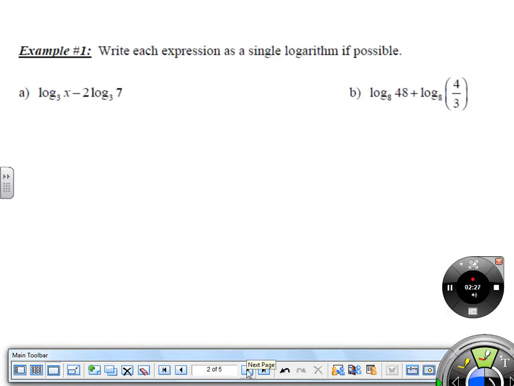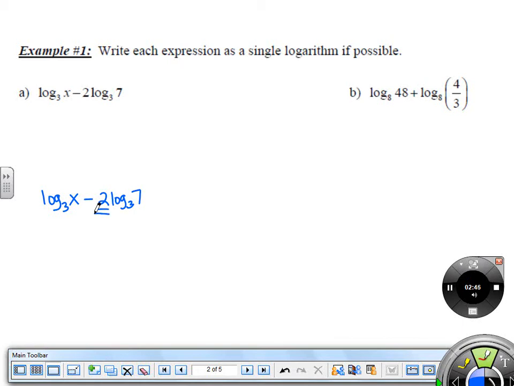All right, so if we look at these problems here, if we want to condense them into a single logarithm, first we need them to have the same base, which they do. Notice in part A that the second term, you have log base 3 of x minus 2 log base 3 of 7.